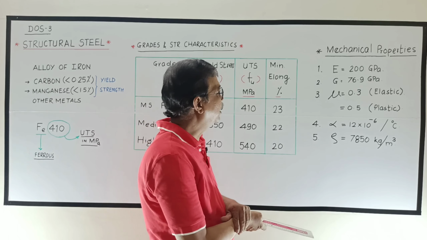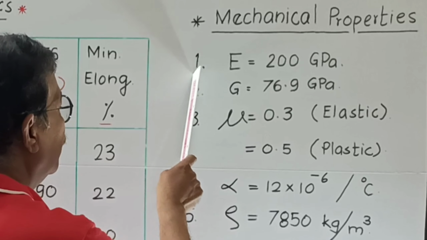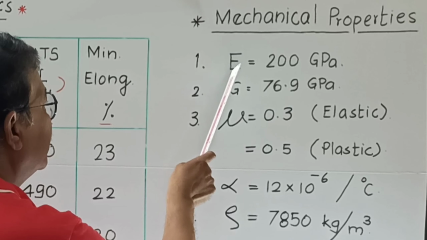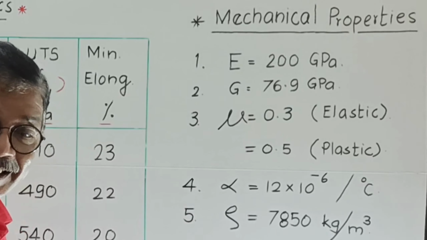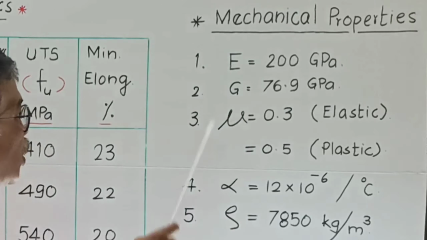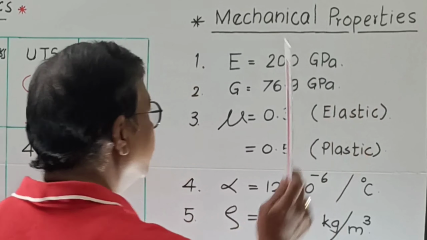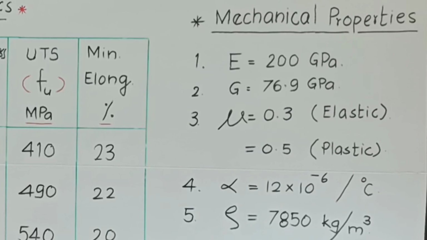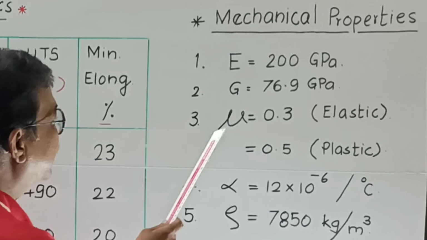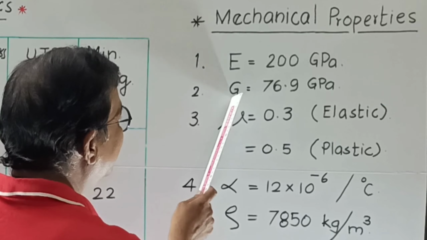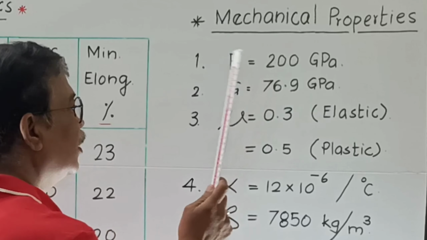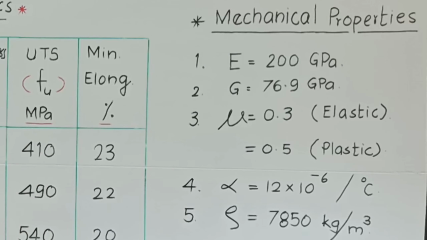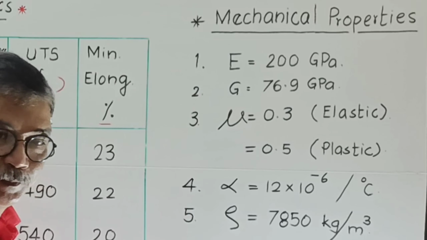Now let us see one by one. The first one, modulus of elasticity, that is E, is 200 GPa, that is gigapascal, or you can say 200 into 10 raised to 3 MPa. Modulus of rigidity or shear modulus G is equal to 76.9 GPa or 76.9 into 10 raised to 3 MPa.